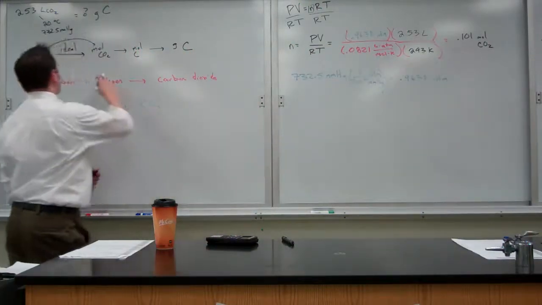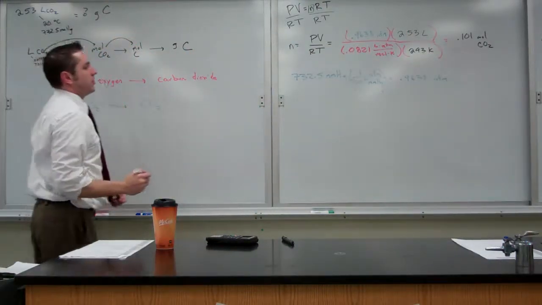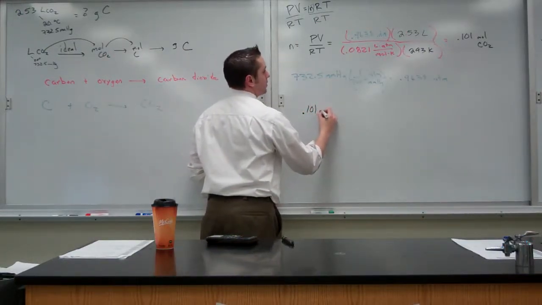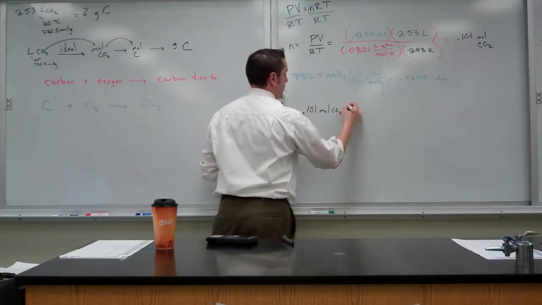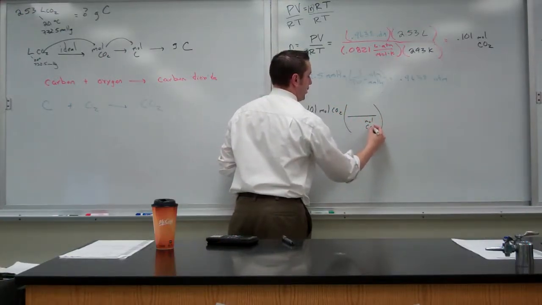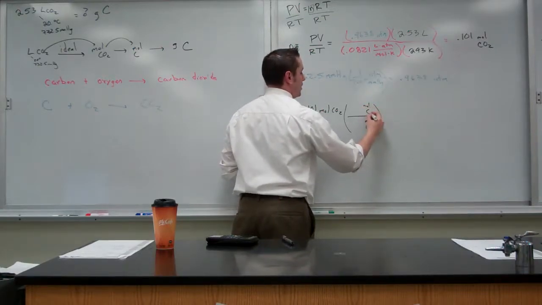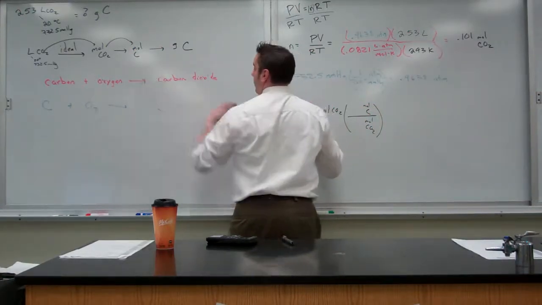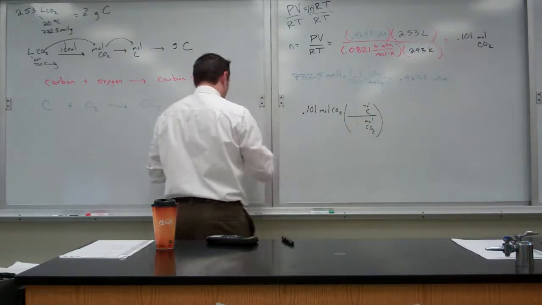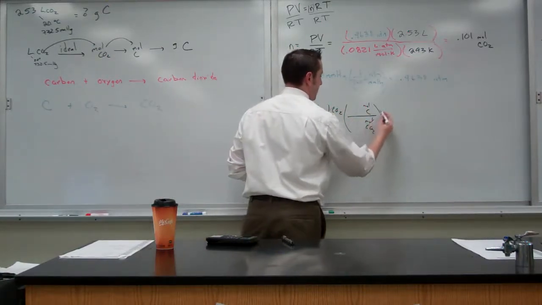Now that I have moles of CO2, I can start to change identity. And that gets us back into bracket problems. Moles of CO2, changing identity, mole CO2 on the bottom, mole C on the top. According to our equation, that is a 1-to-1 ratio.